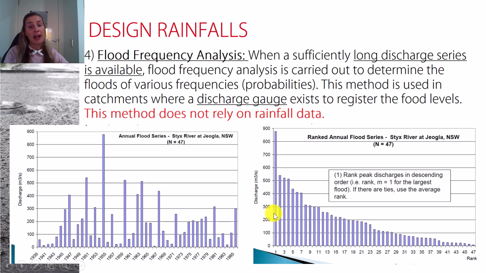Flood frequency analysis is when we have catchments with discharge gauges recording flood levels or discharges, okay? Then we analyze that time series of observations and we use a flood frequency analysis method to estimate the probability of the floods and thus to find the design floods, okay?